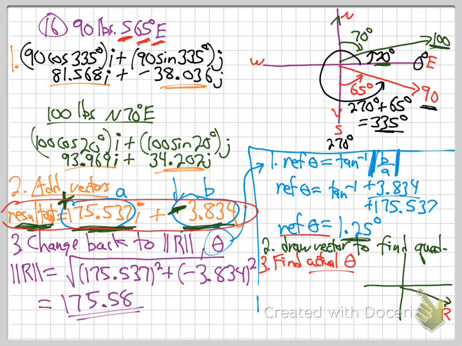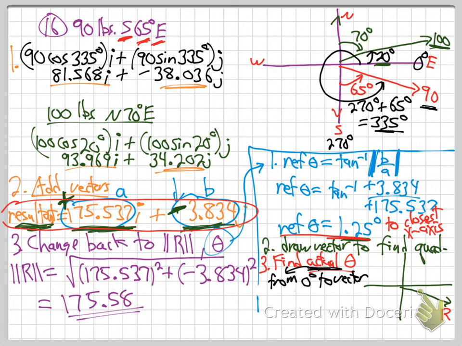Now hold on, what's the reference angle? I think a lot of people are not super clear on what a reference angle is. What in the world is a reference angle? It's to the nearest x-axis, to the closest x-axis. Whereas an actual angle is from 0 degrees to the vector.